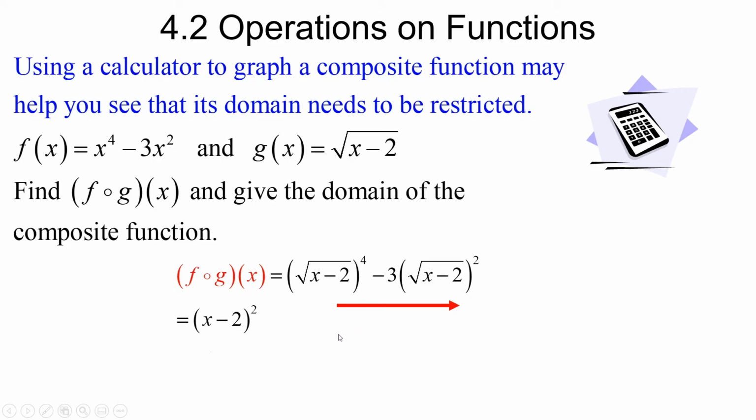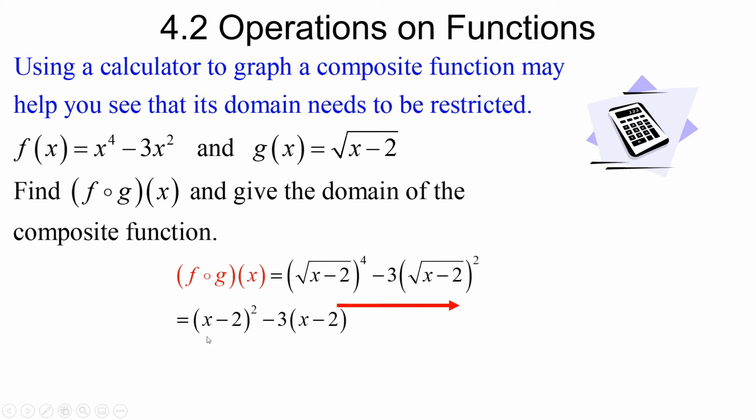Now, minus 3, and then I have radical x minus 2 squared. Well, if I square a square root, I just drop the root. But if I use my laws of exponents and think of it that way too, that's x minus 2 to the 1/2 squared, and a power of a power, that would be x minus 2 to the first. So that's negative 3 times x minus 2.